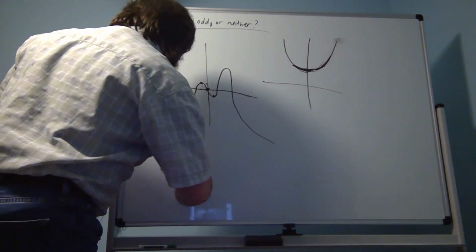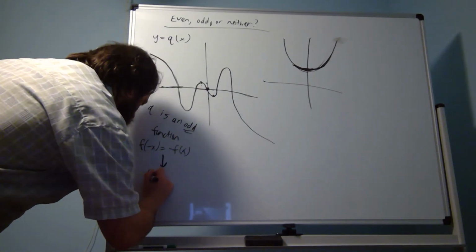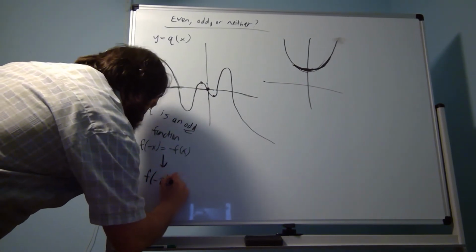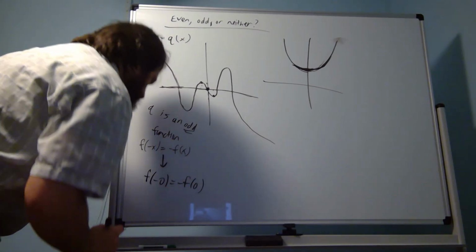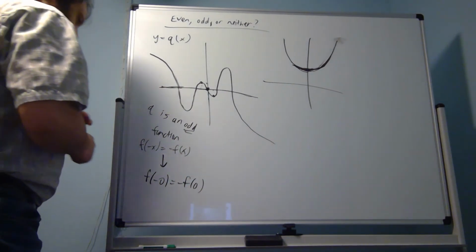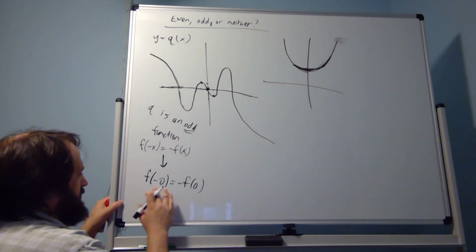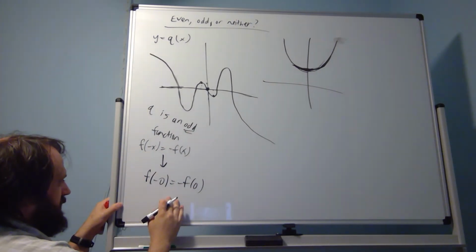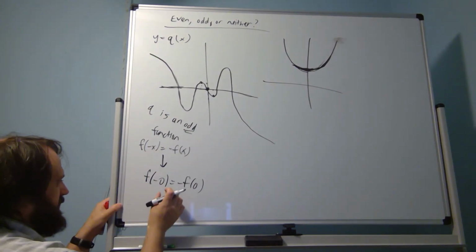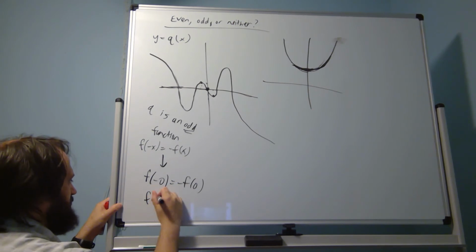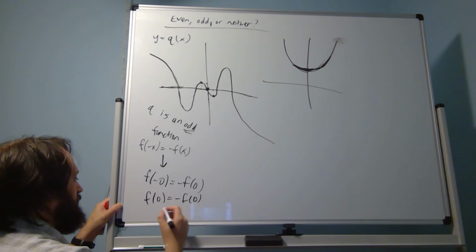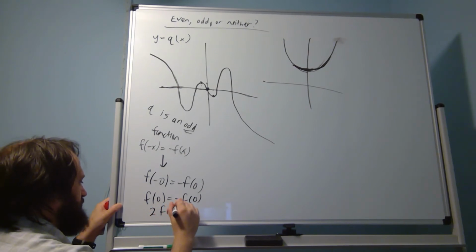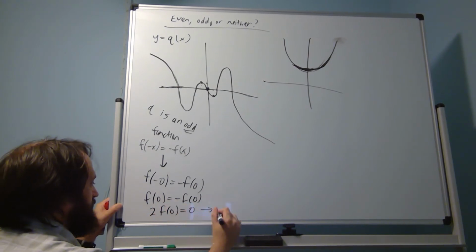What's interesting about odd functions, maybe I should have said this sooner: the definition of an odd function has to be true when x equals 0 in particular. Well, you add f of 0 to both sides, you get twice f of 0 equals 0.